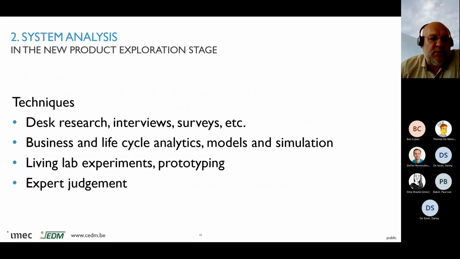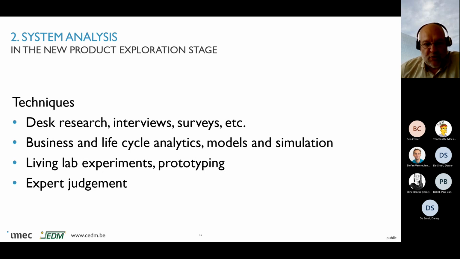The techniques that we use in this exploration stage are, for example, as a basis and in the very early stage, desk research, interviews, surveys, low-cost approaches to establish what the problem is and what the first ideas about the needs are.